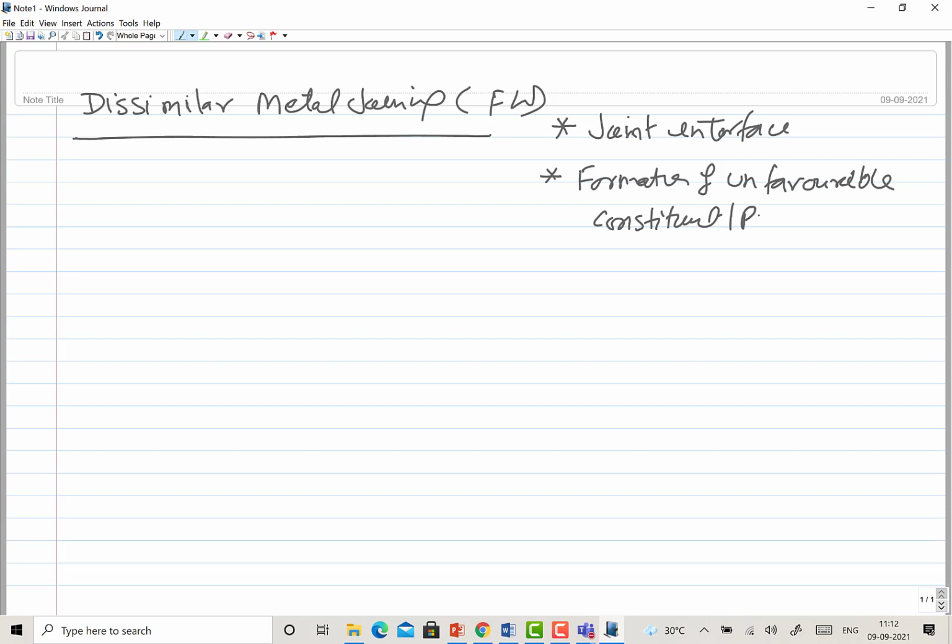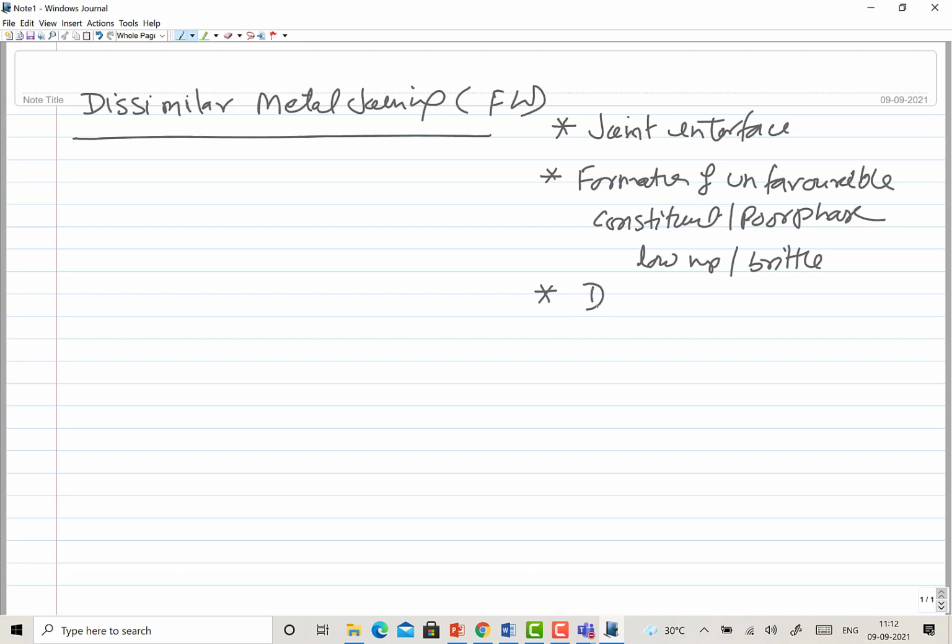These are very poor phases which decrease the joint capabilities significantly, and they are mostly in the form of low melting point phases. These are very brittle.